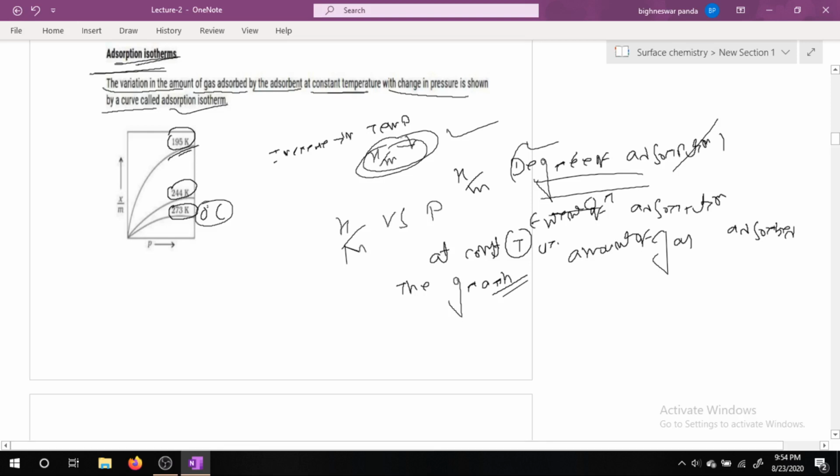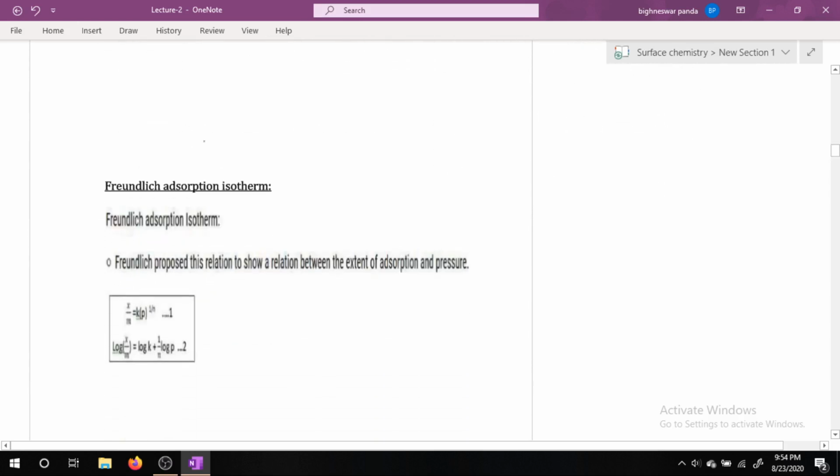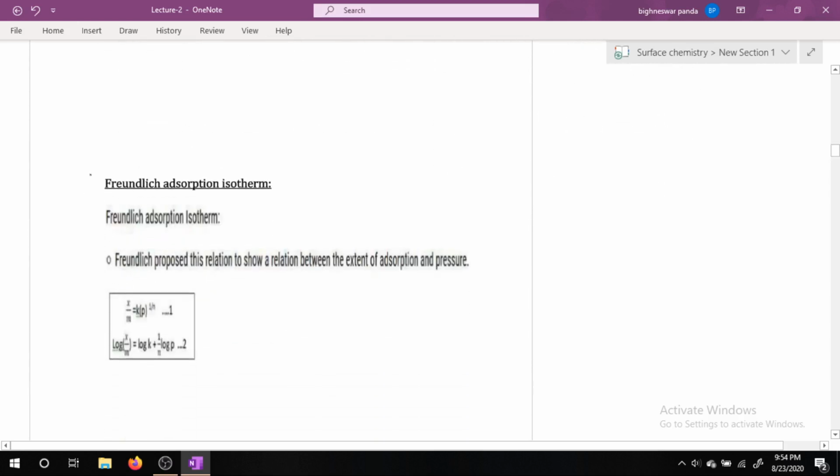By observing such graphs, a scientist named Freundlich in 1909 gave an empirical relation between the amount of gas adsorbed by a given mass of adsorbent, that is x by m.